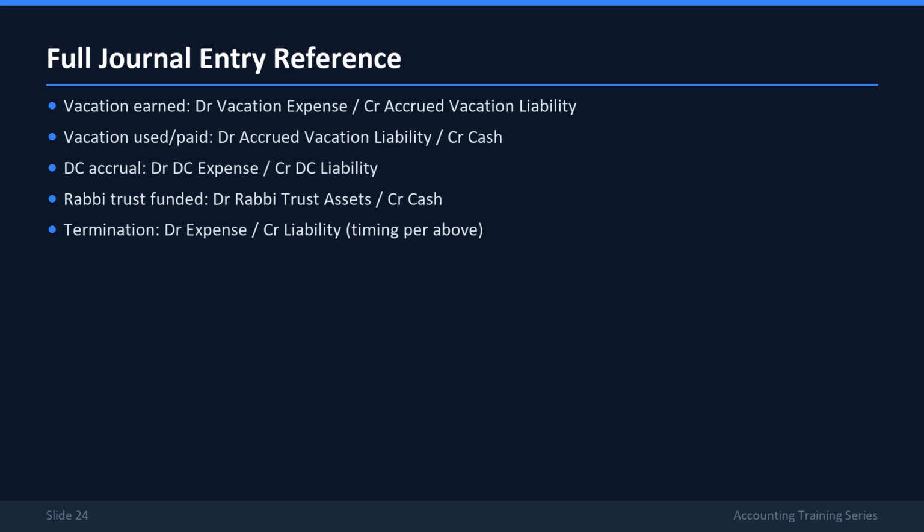Rabbi trust funding: debit rabbi trust assets, credit cash. For termination benefits, debit the appropriate expense account and credit the liability account at the correct recognition trigger, which is employee acceptance for voluntary benefits, and all 4 ASC 420 criteria met for involuntary benefits.